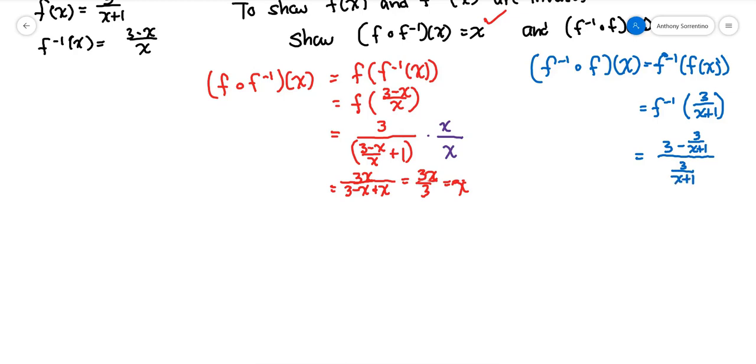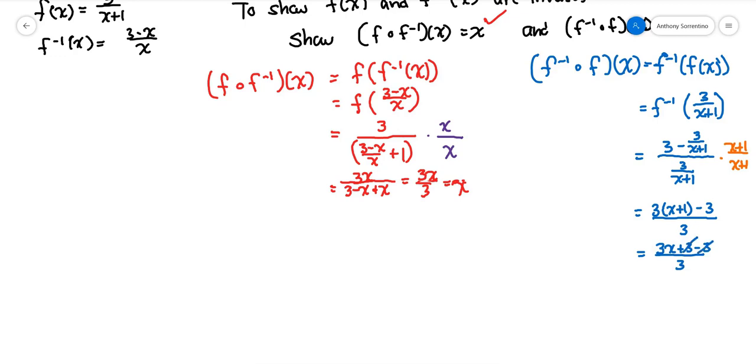So now I have both the numerator and the denominator having fractions in them. However, if I multiply the top and bottom by x plus 1 over x plus 1 here, that's going to cause some cancellations to occur to allow me to simplify this. So I'm going to have 3 times the quantity x plus 1 minus 3 over 3, which gives me 3x plus 3 minus 3 over 3.